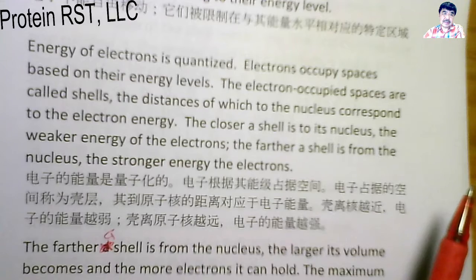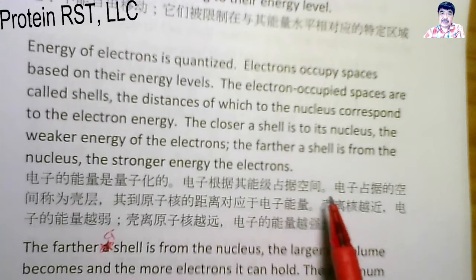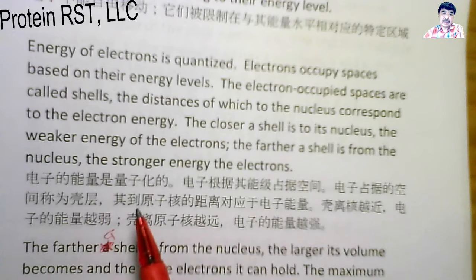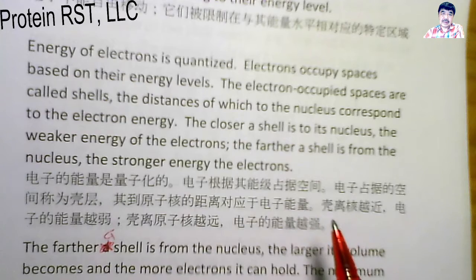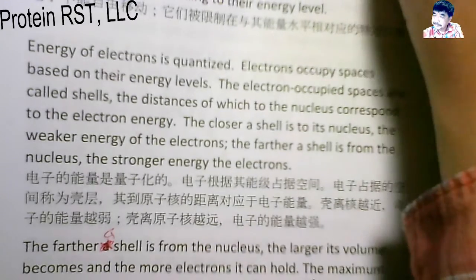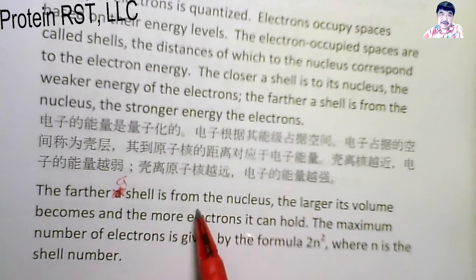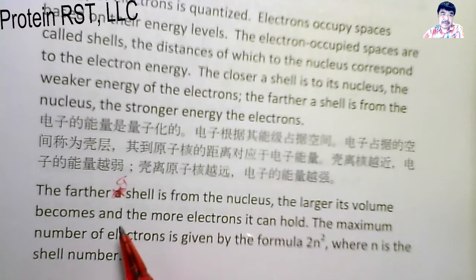The farther a shell is from the nucleus, the larger the volume becomes, and the more electrons it can hold.